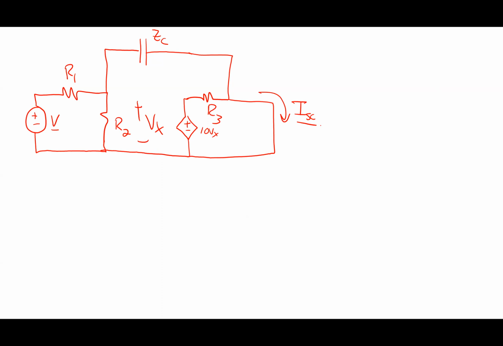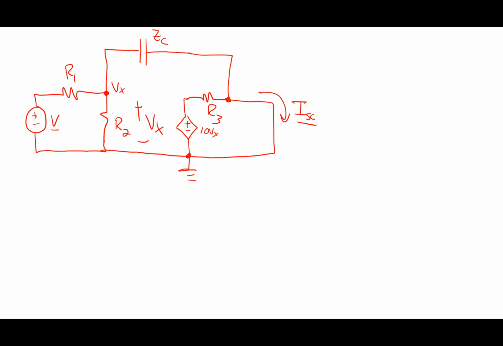I've got 6 minutes here. They're both fine, right? I'm going to do nodal again because I only have one node to solve for. What node do I have to solve for? Yeah, this guy right here, Vx. That's the only one I have to solve for.